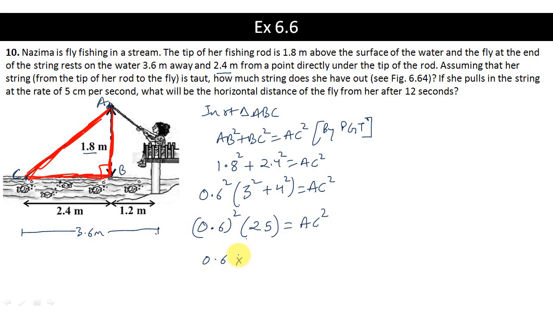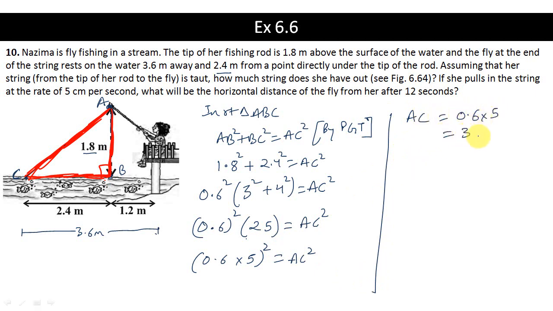And 25 is 5 squared. So I can write it as 0.6 multiplied by 5 square is equal to AC square. Square and square will get cancelled out. So I'll be left with AC is equal to 0.6 multiplied by 5, which is 3. And the unit will be meter. So that means the string which is out is 3 meters.